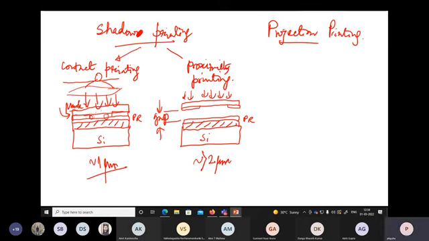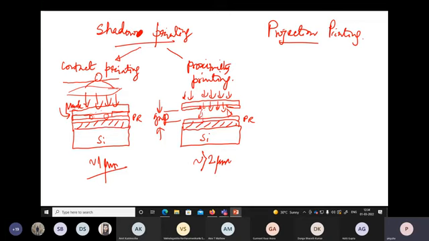Whereas in proximity printing, there is a gap, so you will be able to improve the lifetime of the mask, because it is not touching the substrate. But here the resolution is poorer compared to contact printing. Why is it poorer? Because when the UV light passes through the mask, due to diffraction, you know what diffraction is, from the edges it might get diffracted and go to the portion where it should be opaque.